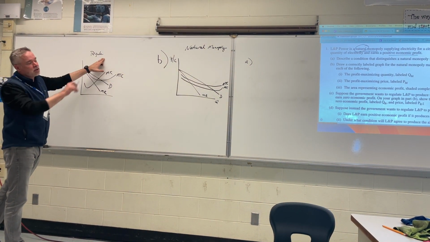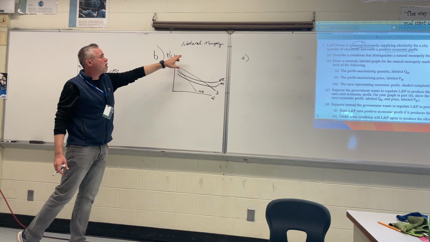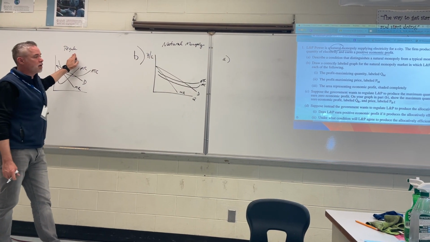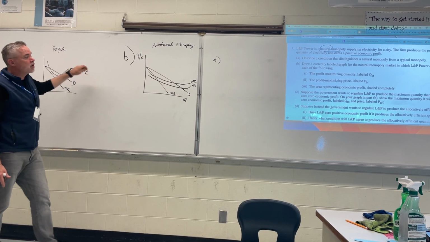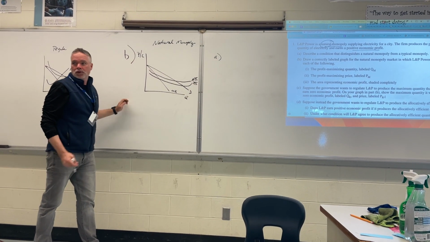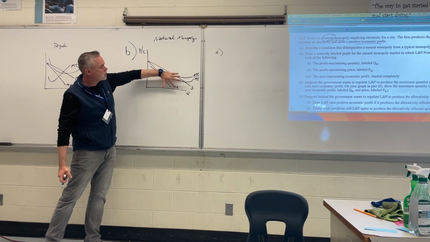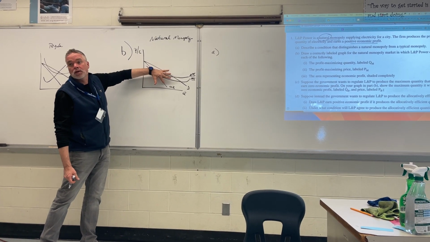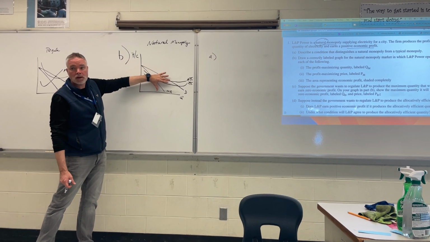To answer this question correctly, you're going to need to know the differences between the natural and the regular monopoly. It really has to do with the ATC curve and the marginal cost curve. You still have your downward sloping demand and marginal revenue separate, so if you drew that correctly, you got a point.